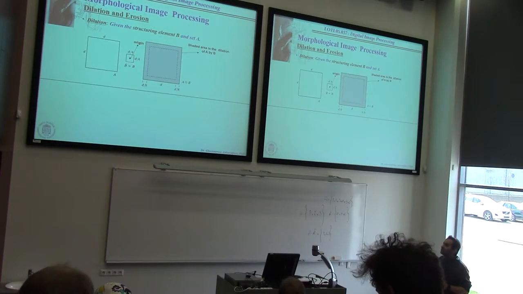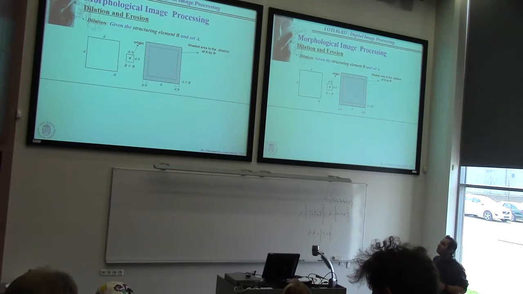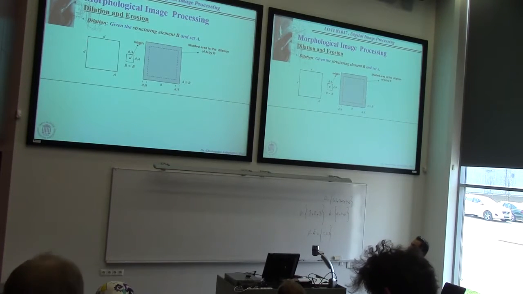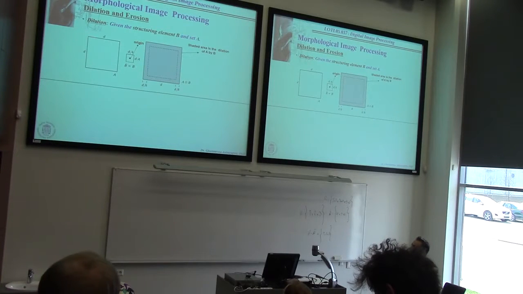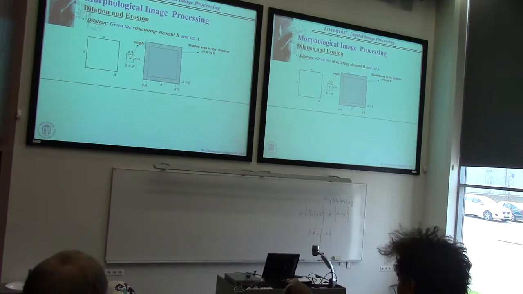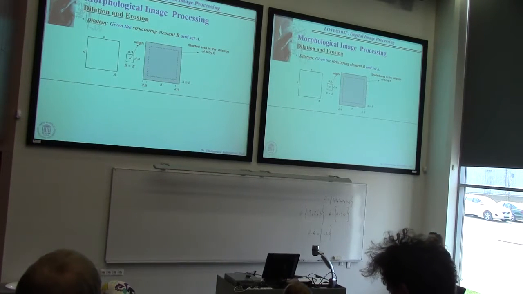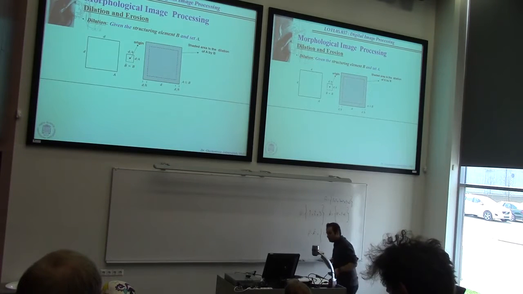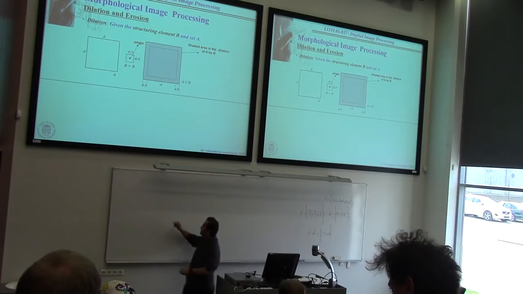Okay, if you put the center here exactly at this point, then we know that some part of this structure is outside the set of A, but we know that we have to add this structure to this. Maybe it will be better if I write it here.